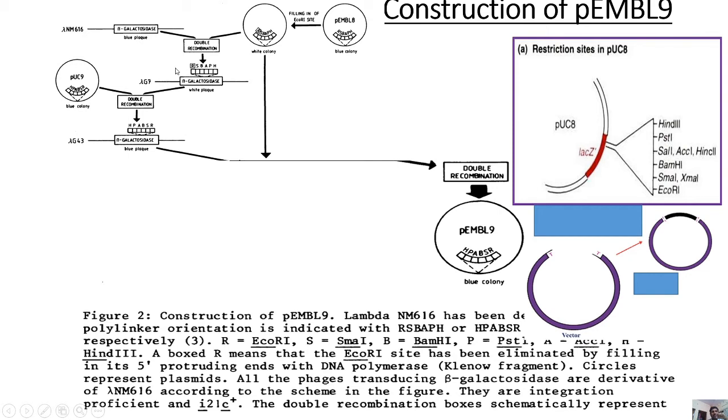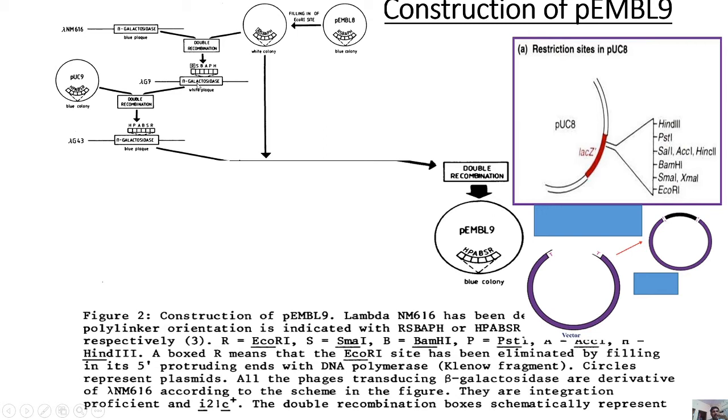Then a new lambda vector develops, that is lambda G7. This lambda G7 has the lacZ region of pMBL8. See, this is the lacZ beta galactosidase gene region of pMBL8. It has a multiple cloning site, but this lacZ region is a mutated one, so it can produce only white colored plaques.